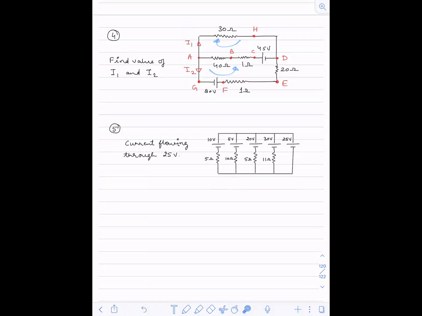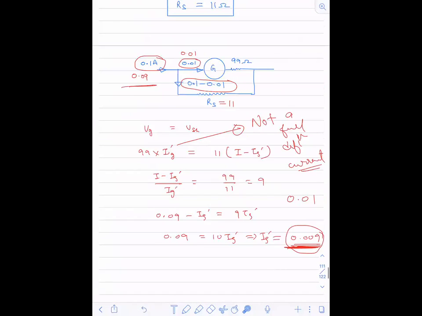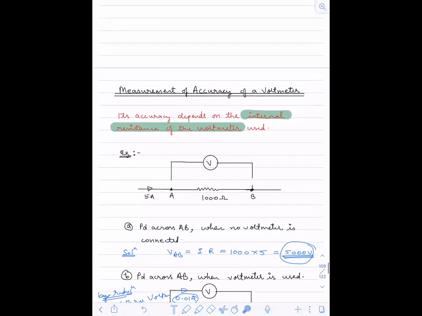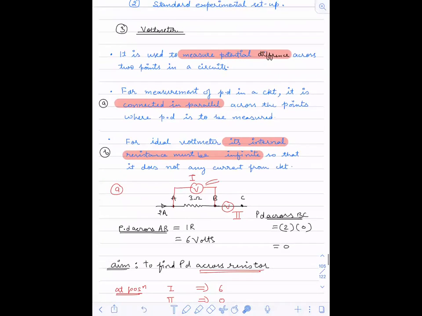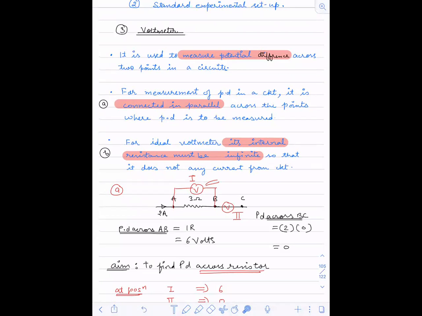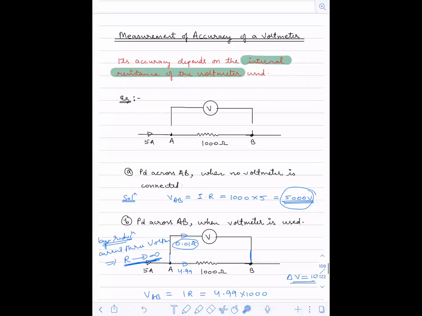With this, I'll just finish the explanation of the starting class of point B of voltmeter. For ideal, here only I told you, no? This question, this accuracy thing.